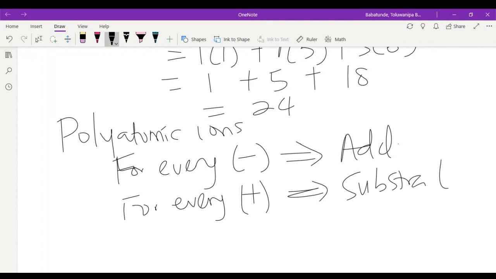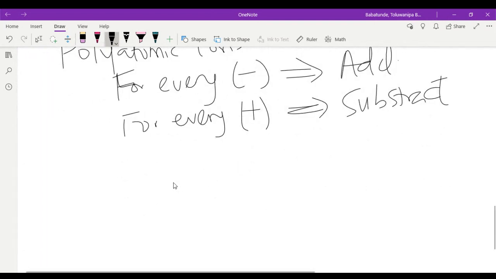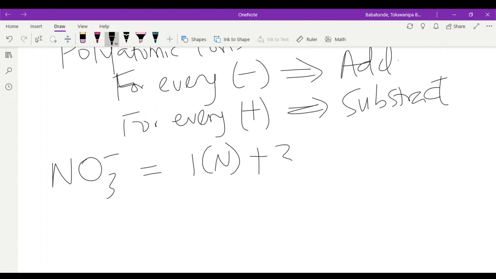So this is what I mean. This is a polyatomic ion, NO3, which is nitrate. If you want to find the total valence electron for nitrate ion, we have 1 of nitrogen plus 3 atoms of oxygen.